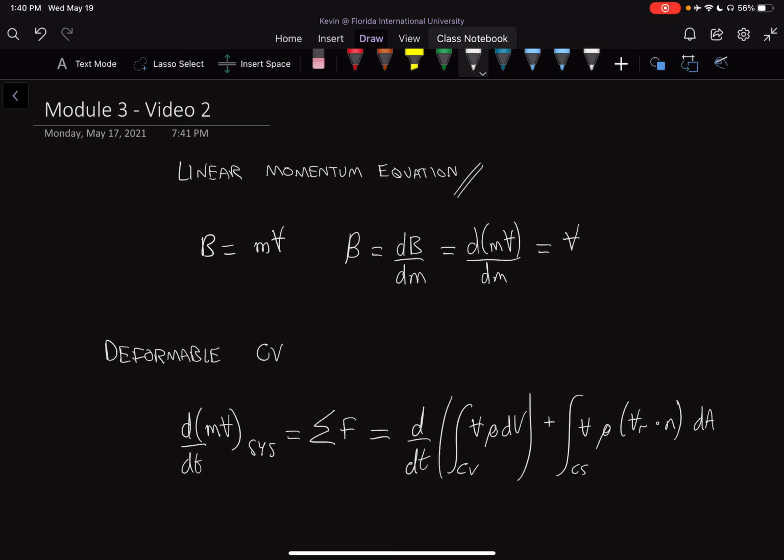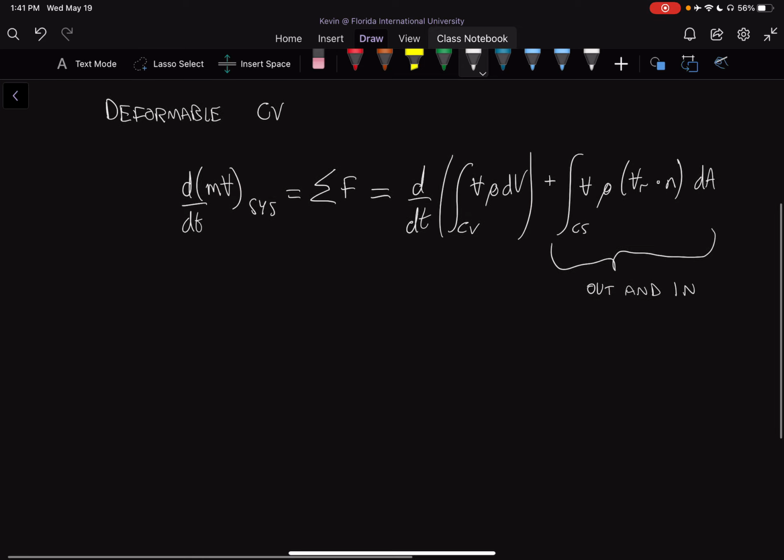So we have this general equation. This term could be separated into two terms for the out and in terms. The out terms would be positive, the in terms would be negative, but we'll look at how to break that down a little later. For now this is out and in combined.